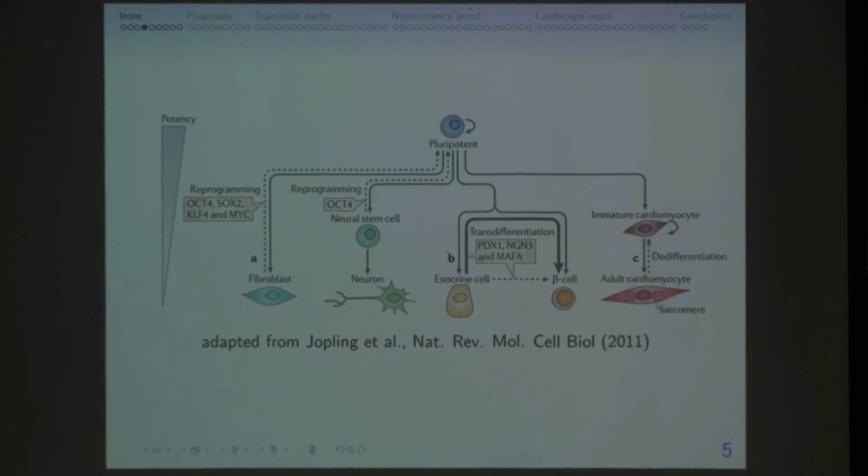They figured out ways to go backwards and take, for example, a mature fibroblast and turn it back into a pluripotent cell. They figured out ways to go across. In this picture, you see an exocrine cell turned into a beta cell. All sorts of different directions which aren't consistent with this idea of a linear branching decision kind of tree.